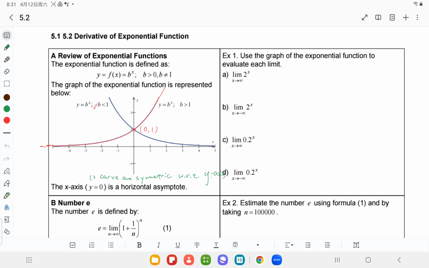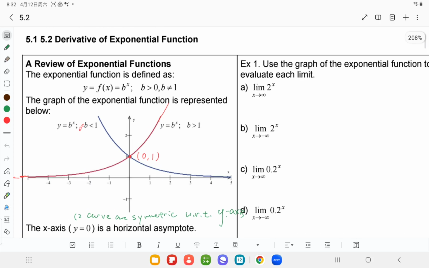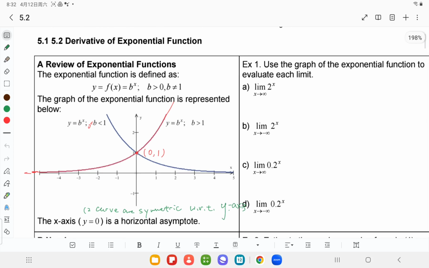Now, the derivative of the exponential function. Again, you remember that when we talked about logarithm functions, according to different values of b, we have different shapes of the log function, right? And as exponential functions are inverses of logarithm functions, it is also true that different values of b give different shapes.